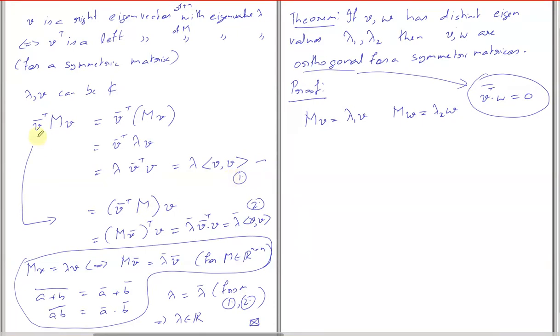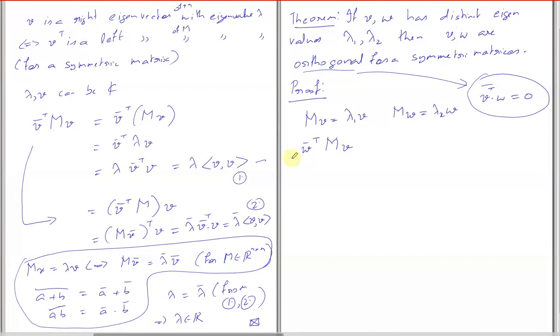Okay, so now what should I do? Let's try to do something like this. Some trick like this we can do. Here we looked at this and grouped things separately. W bar whole transpose MV. What kind of value is this quantity?